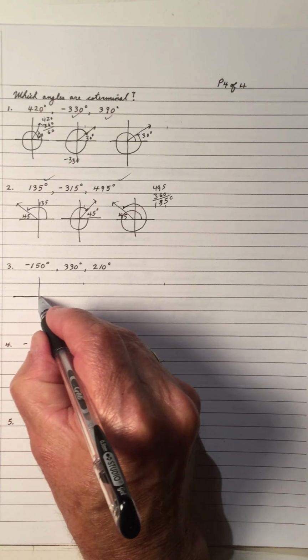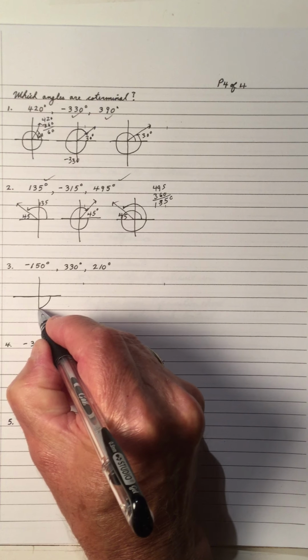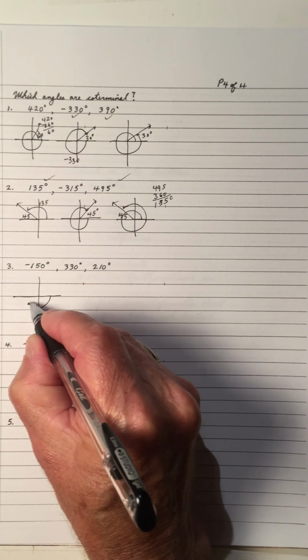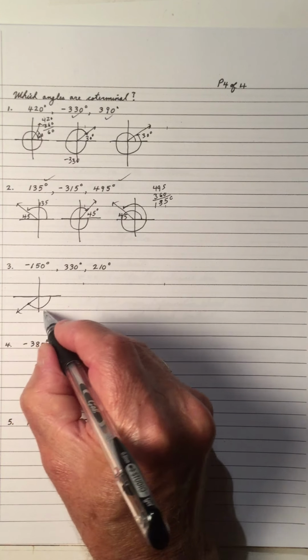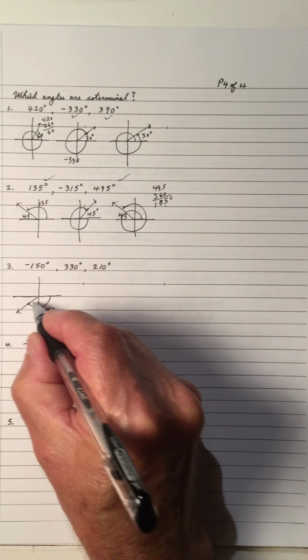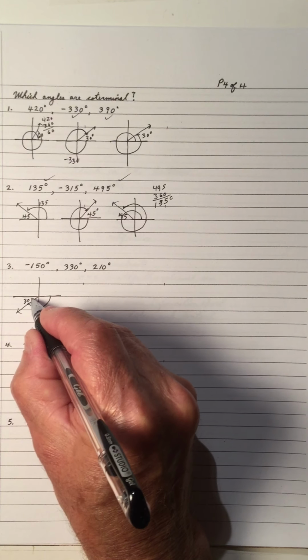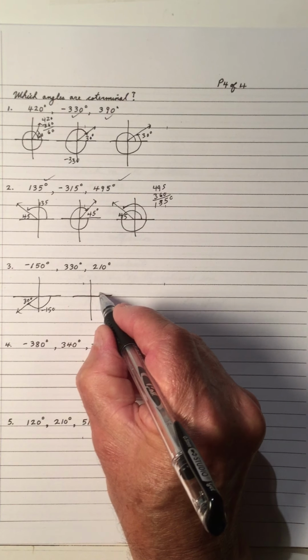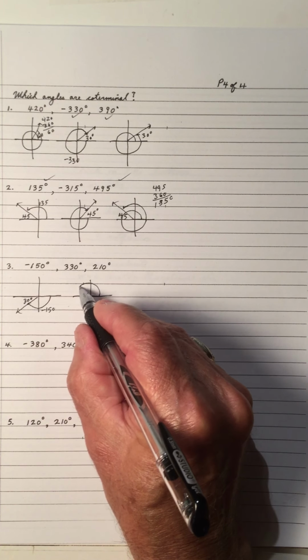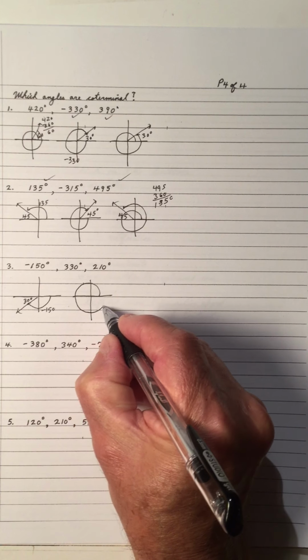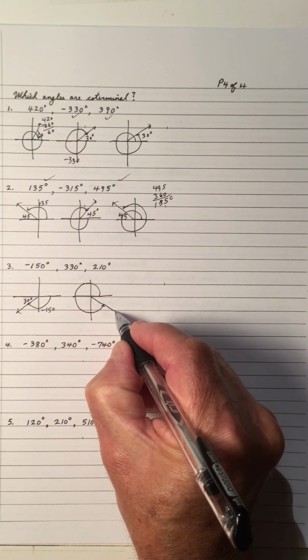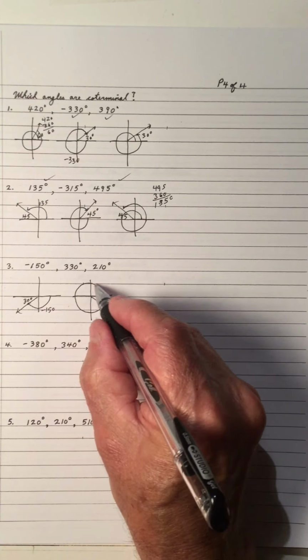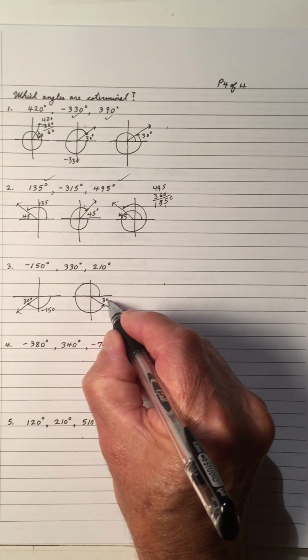And a negative 150 is negative 90. There's a negative 150, and the reference angle is 30 in the third quadrant. 330 is 90, 180, 270, right down there. And if that's 330 to there, then this must be 30.